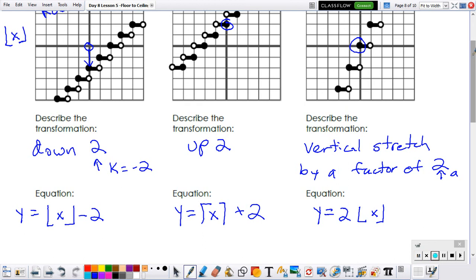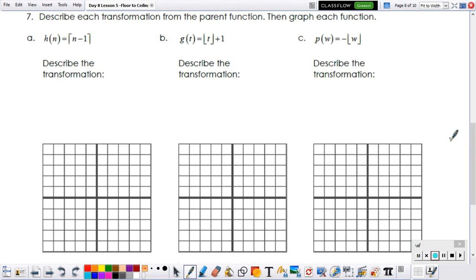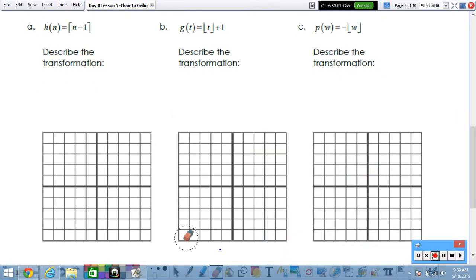So take 30 seconds and go. Okay, so your 30 seconds is up.